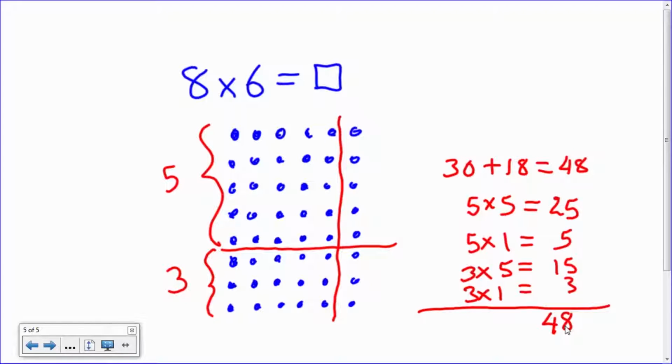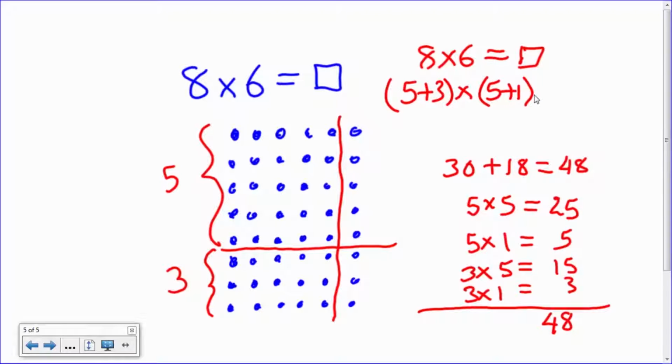So what I did is I took the 8 times 6, and I want to figure out what that product is. So I split the 8 up into 5 plus 3, and then I split the 6 up into 5 plus 1. And the reason I chose these is that 8's not a friendly number, but 5 is a friendly number. So I decomposed 8 into a friendly number plus 3. I decomposed 6, which is not a friendly number, into a friendly number plus 1.